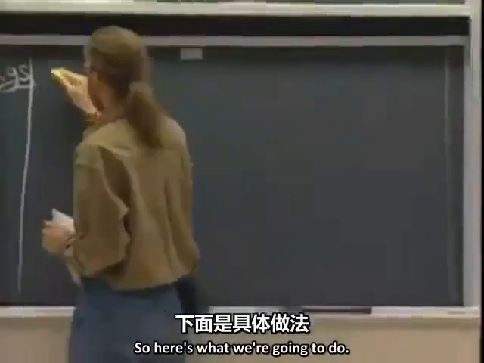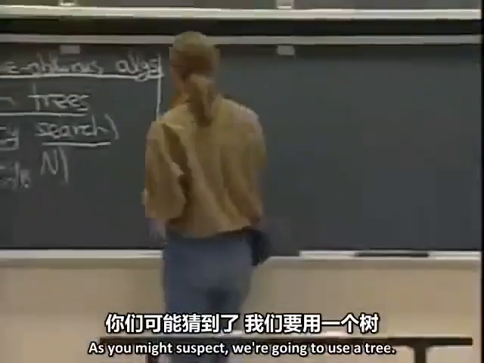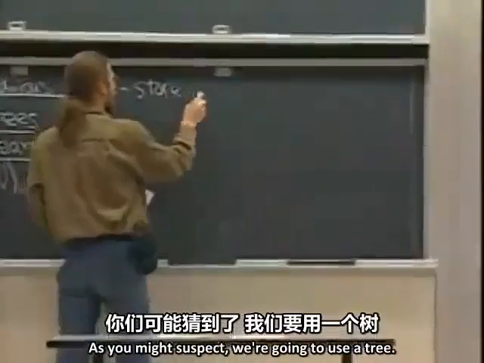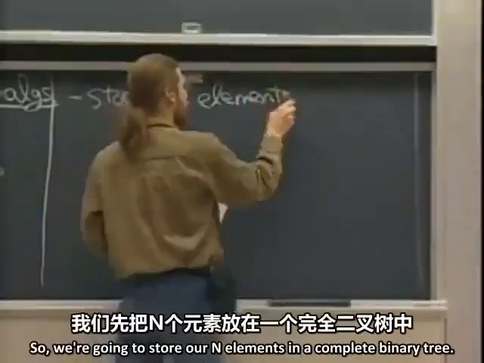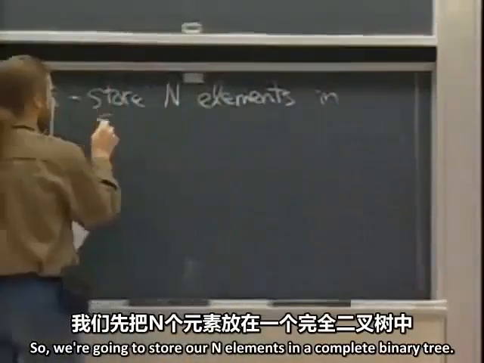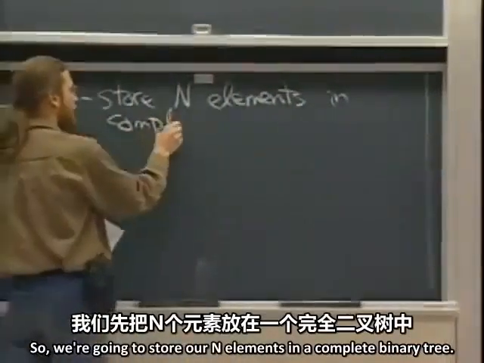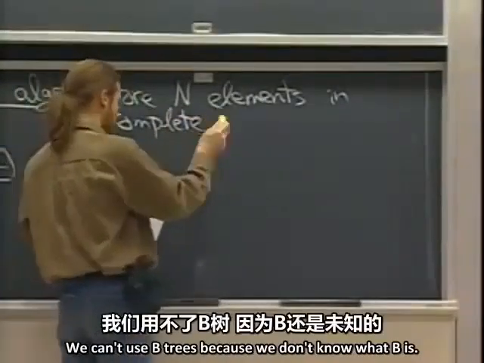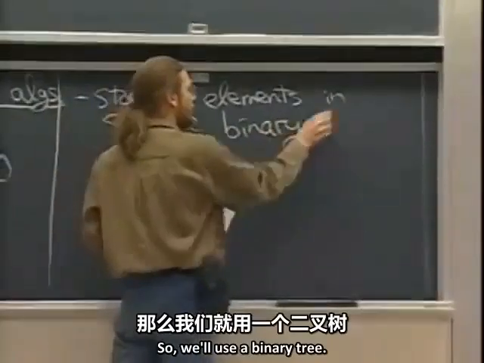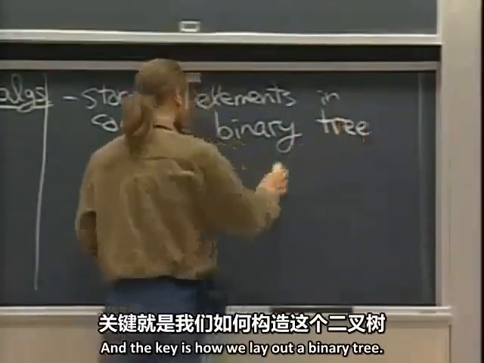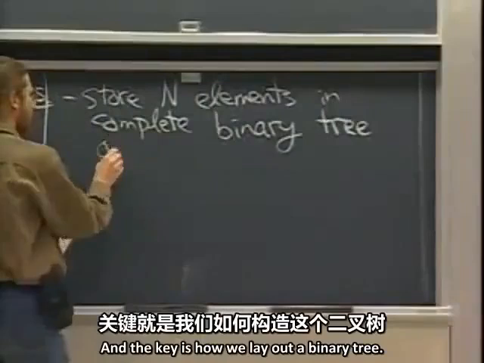So here's what we're going to do. As you might suspect, we're going to use a tree. We're going to store our n elements in a complete binary tree. We can't use B-trees because we don't know what B is, so we'll use a binary tree. And the key is how we lay out that binary tree.